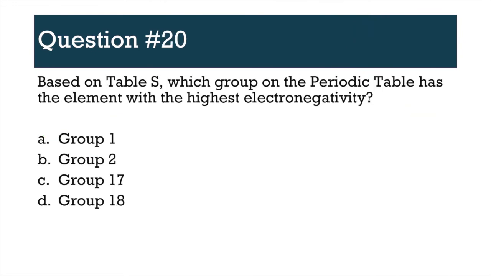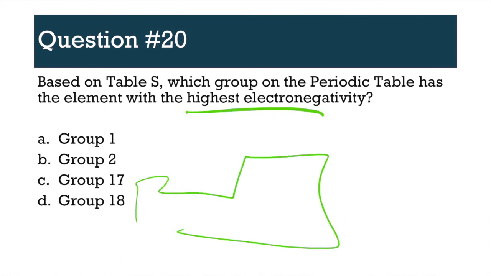Number 20, based on table S, asks which element has the highest electronegativity value. Here is your periodic table. Fluorine is the most electronegative atom. Fluorine belongs in group 17, so that is your answer.